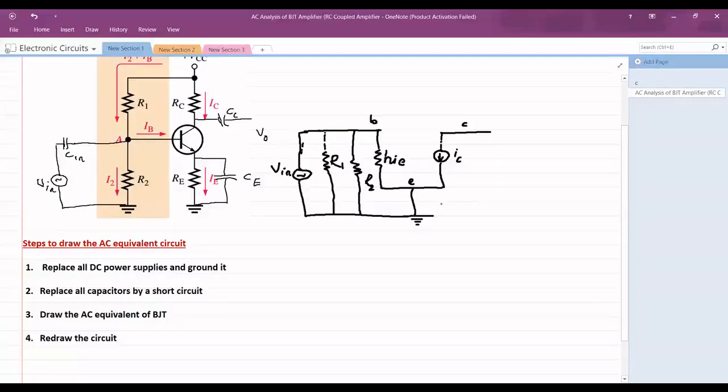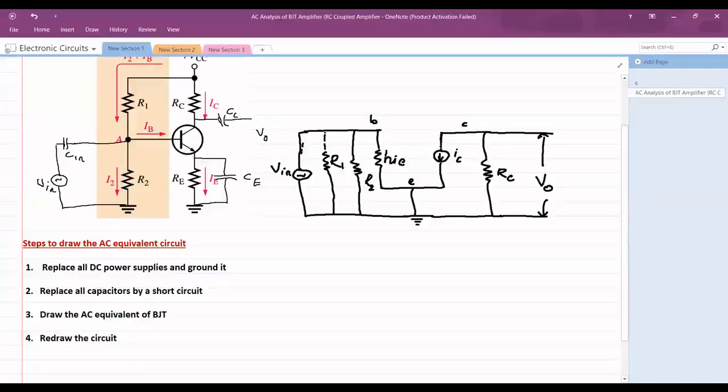This completes our input side. Now towards the output, from the collector there is a collector resistance that is also going to the ground, and we take the output across the collector terminal. So this is the AC equivalent of a single stage RC coupled amplifier.